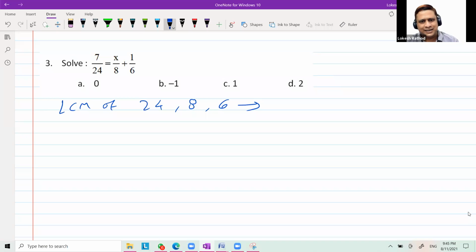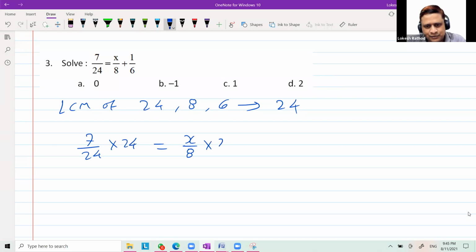So 24 comes in the table of 8 and 6. So the LCM is nothing but 24. So you multiply each term by 24. If I do that, what happens? 7 over 24 times 24 is equal to x over 8 times 24, plus 1 over 6 times 24, right?